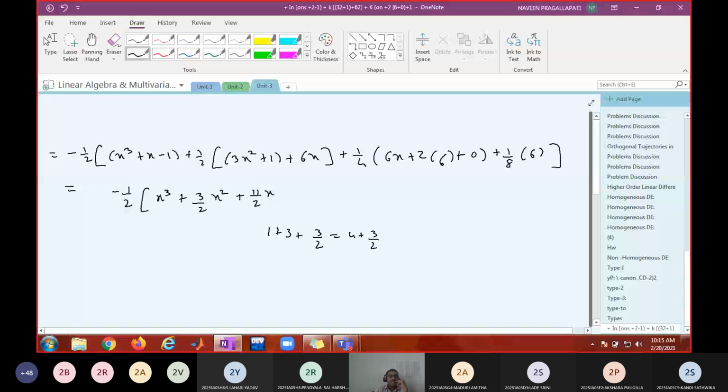X coefficient is here 1, here x coefficient is 3, and here x coefficient is 3 by 2. What is the constant term? Minus 1 plus 1 by 2 plus 6 by 2 is 3, plus 3 by 4.